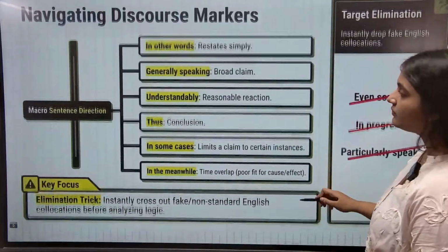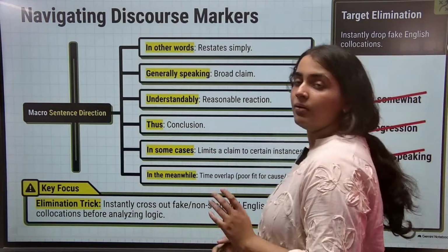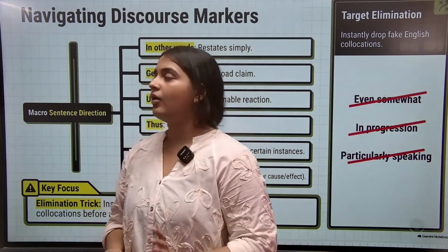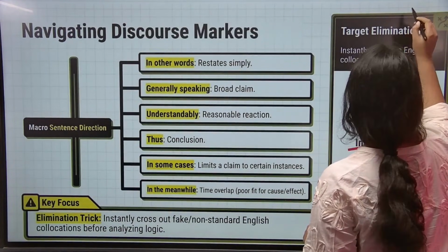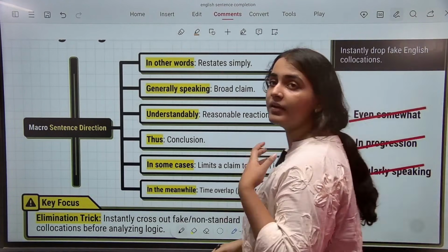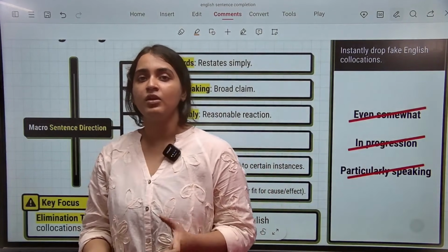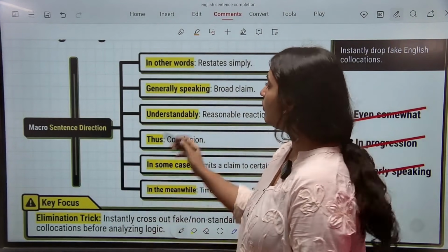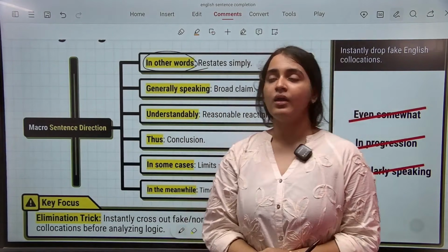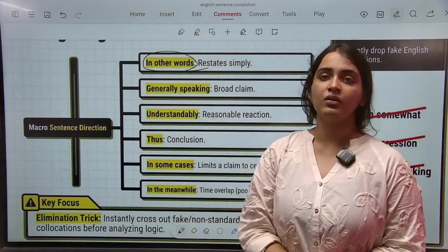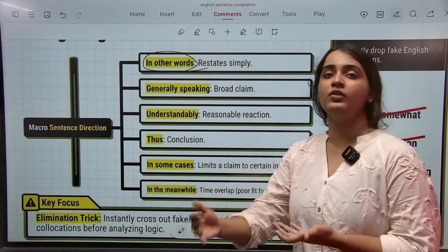Going ahead, many things start with a very simple phrase, which have their own meaning. When you're starting a statement, when you're speaking, you start and get attention through a few phrases. In other words means you have said something, now you're going to say it in a different way.